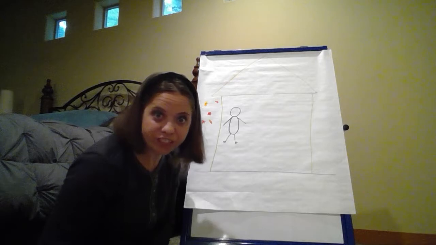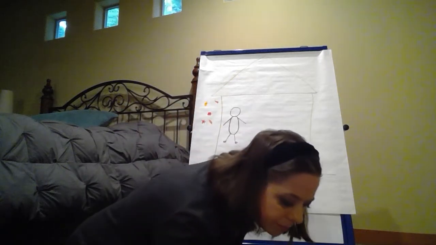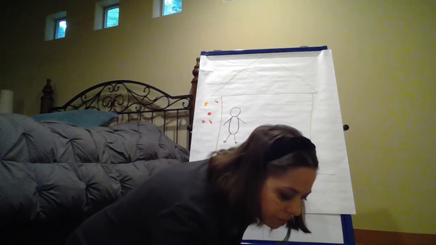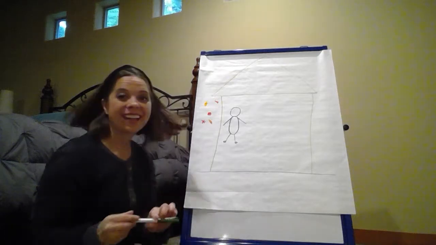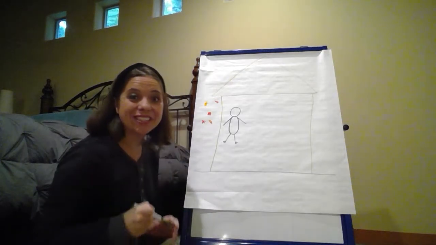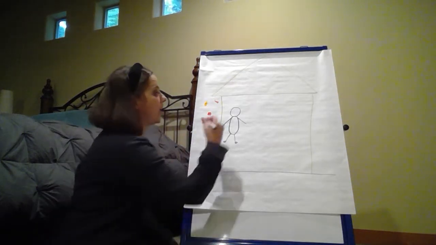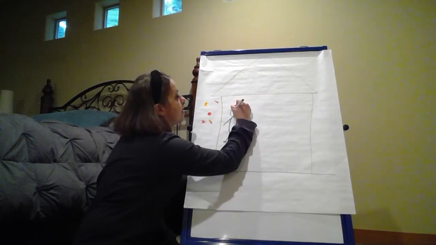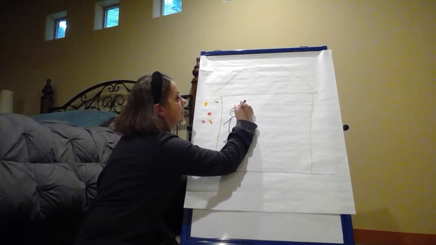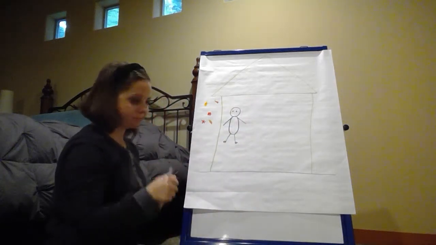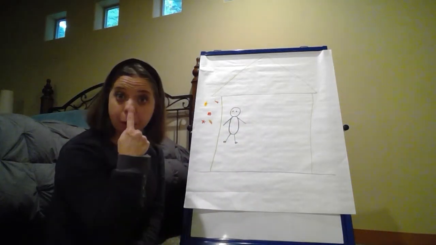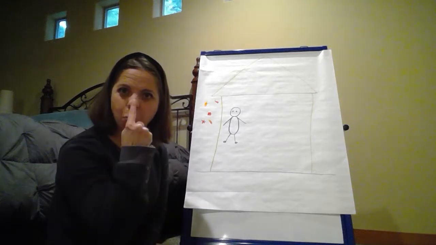I need to look for just the right color marker to use. I have green eyes, so I'll use my green marker to draw 1, 2 eyes. How many noses do I have? 1.